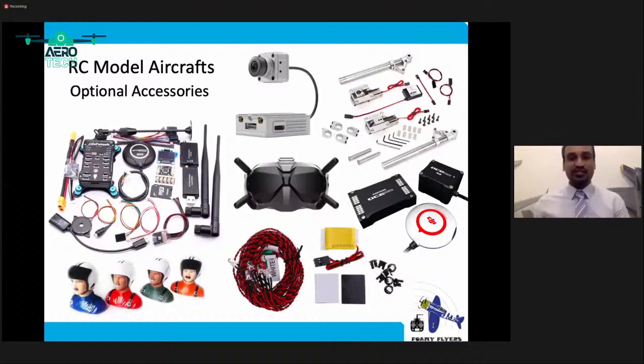Having those kinds of systems installed on your aircraft will make it a drone. I will tell you why that is tomorrow. Normally if you have a data acquisition system installed on your aircraft, that means it's a drone. It does not fall into the category of a model aircraft, so it will be treated as a drone.